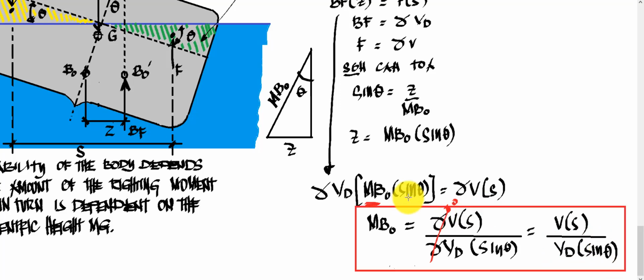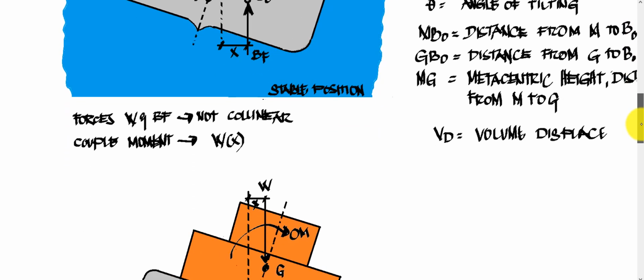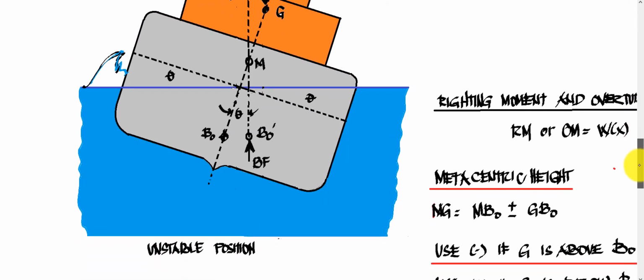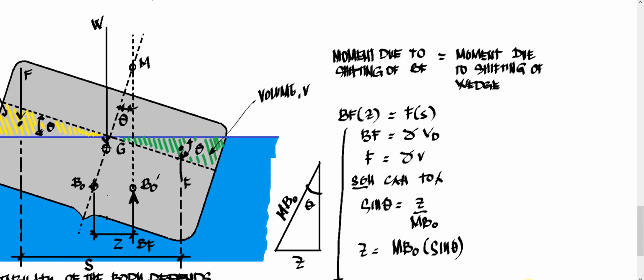Let's box that one. So we have the equation to get the value of your MBO, which is the volume of the wedge divided by the volume displaced, VD, multiplied by the sine of theta. Usually, the volume displaced is almost the volume of the ship, which is being displaced.